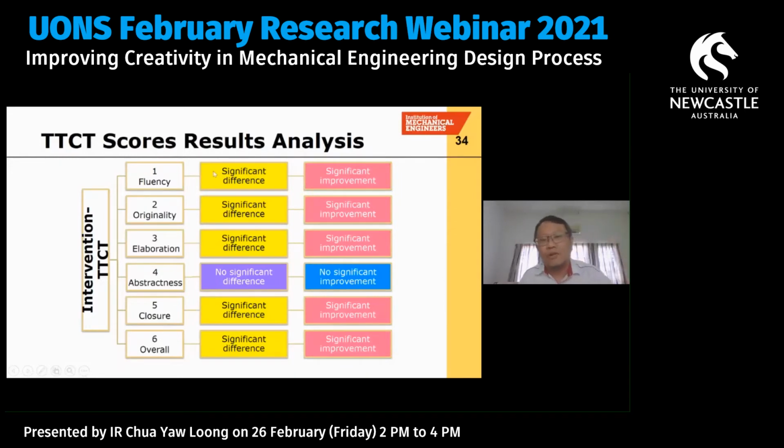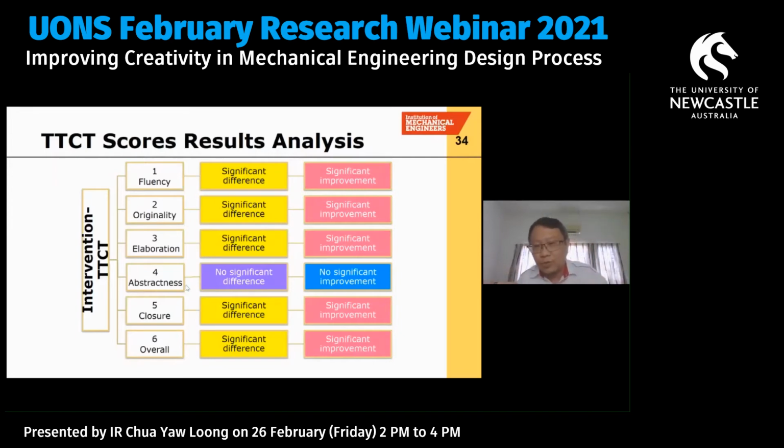Now, for the intervention, the students showed significant improvement in 4 out of 5 of the abilities. The only ability that they did not show any improvement in was the abstractness of the title. That means they are weak in organizing their ideas, synthesizing them, and presenting them in a different form. They are unable to do that. There's no significant difference or improvement there.